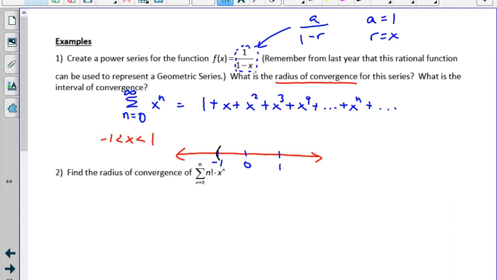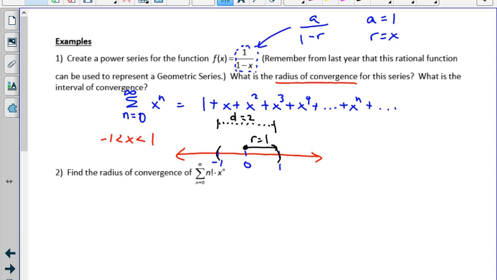If I thought about this as a diameter of convergence, the diameter would be 2. The radius is from the center to an end, so the radius of convergence is 1.